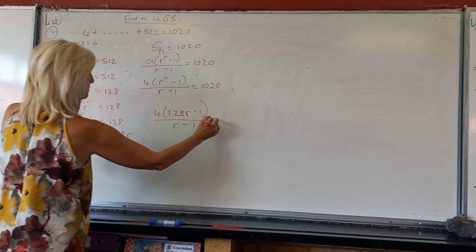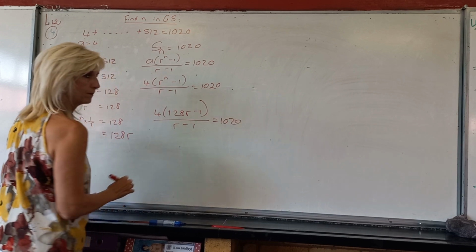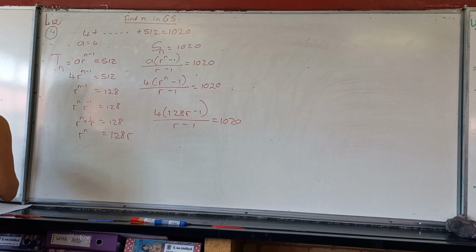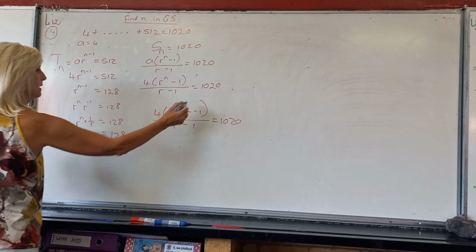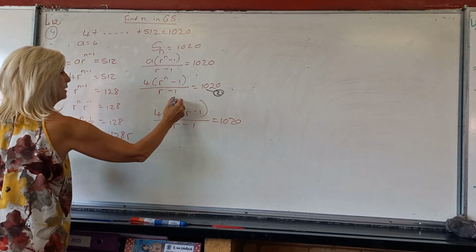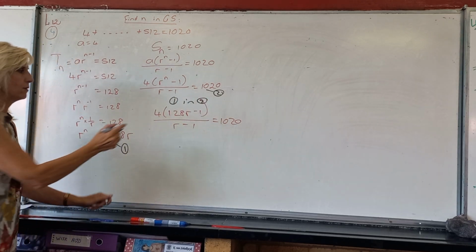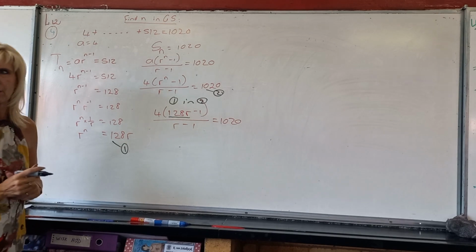Okay, but now I'm not explaining to the marker what I'm doing here. I have said that this is number 1, and this is number 2, and I'm putting 1 into 2. So that's why the R to the N is now 128R.